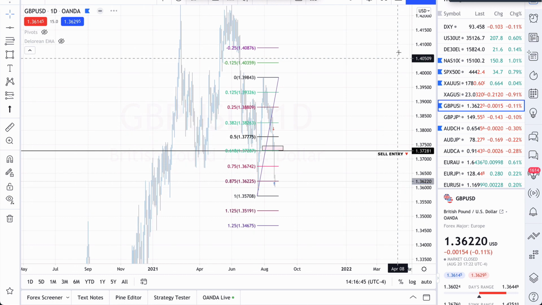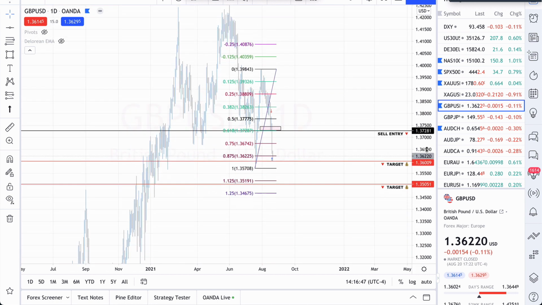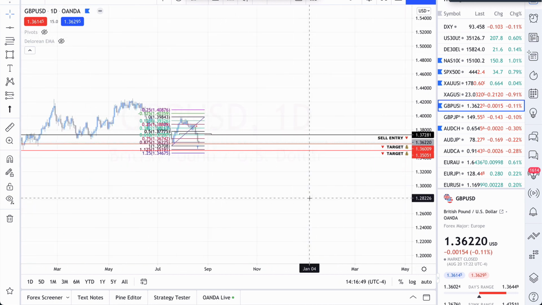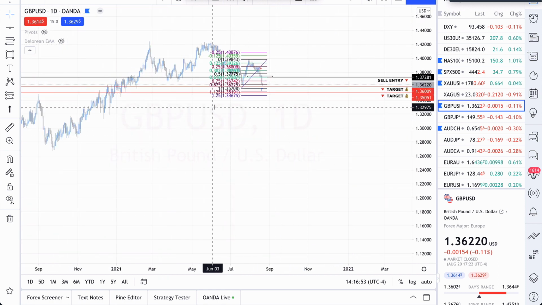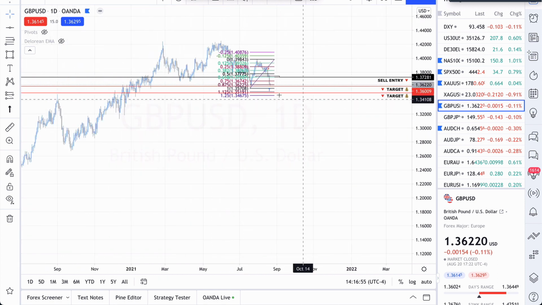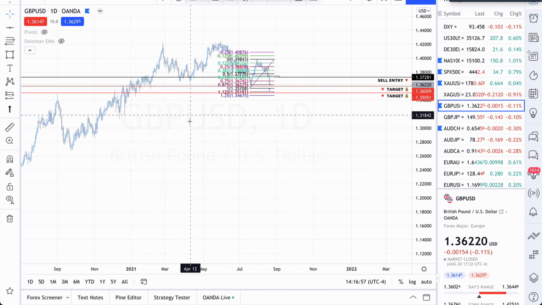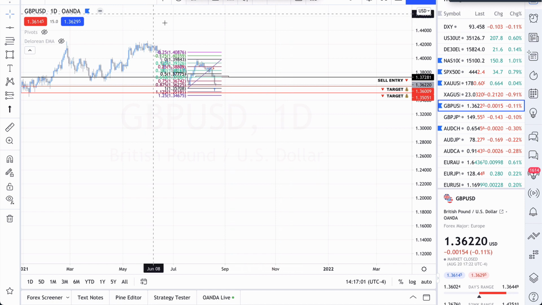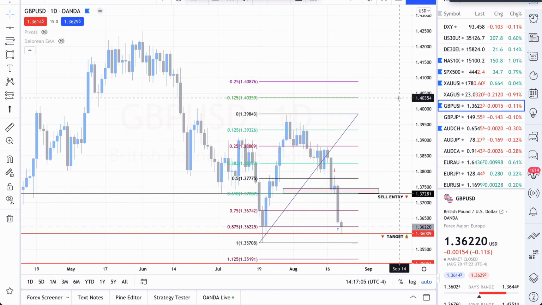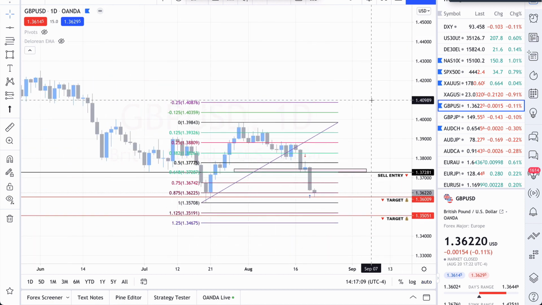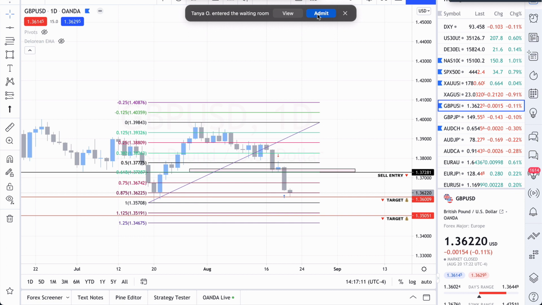Let's go on the daily. So if GU breaks outside of this zone here, we can look for a big drop. But let's see what happens this week. I'll come back to that one.